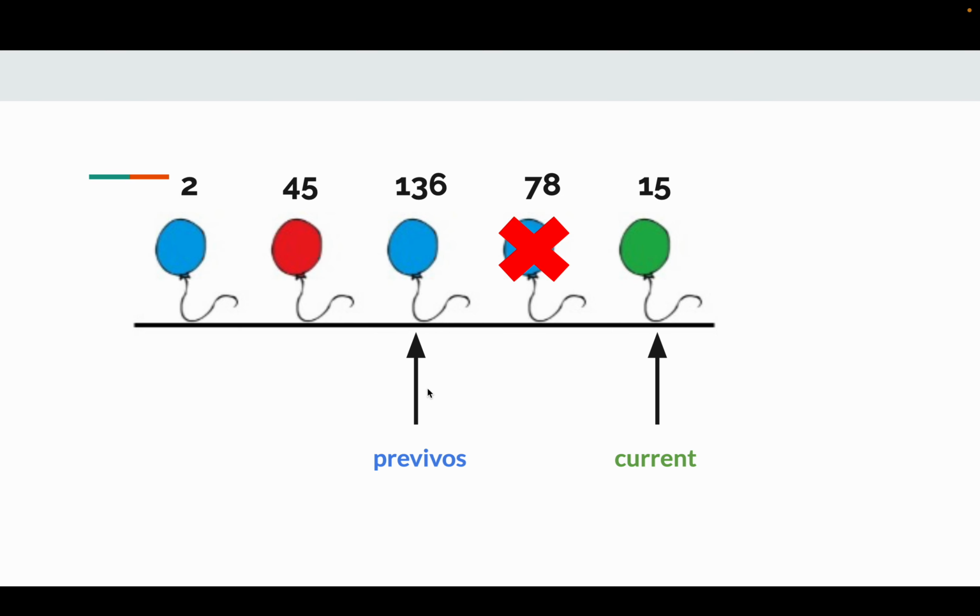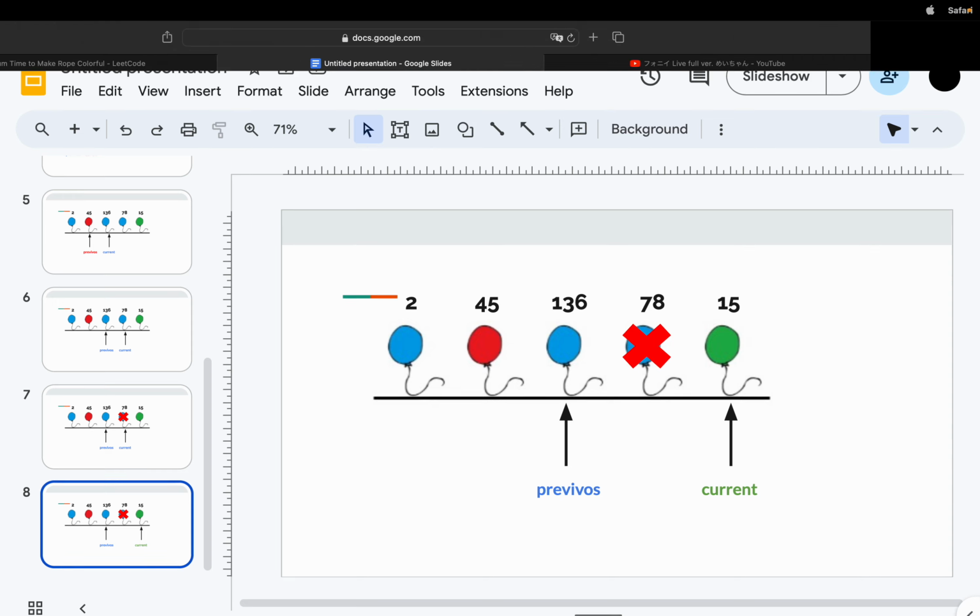Since these two are not of the same color, and we reach the end of the array, the problem is resolved. So we end the iteration and return the overall time to remove.